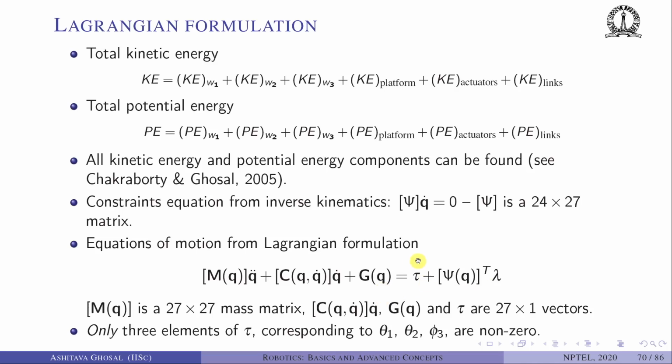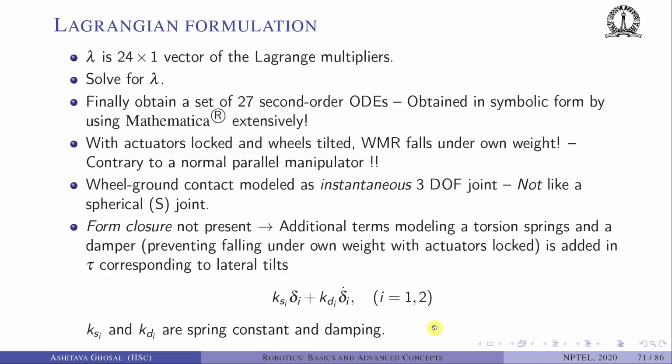Only 3 out of these 27 elements in this tau are non-zero. The ones corresponding to theta 1, theta 2 and phi 3 are non-zero because they are given. All others are 0. There are no torques corresponding to the other generalized coordinates. So lambda is a 24 by 1 vector of Lagrange multipliers.